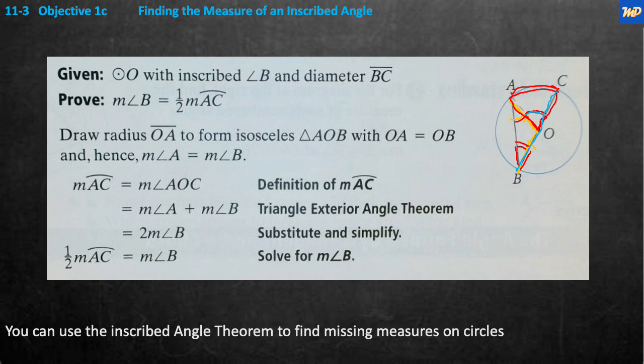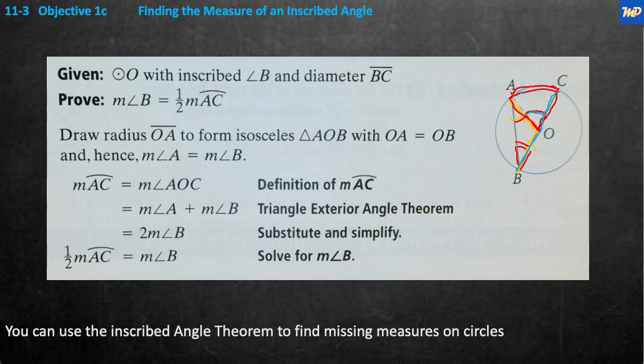So therefore, we can say that angle B is 2 times, because it says right here, angle A plus angle B is equal to AC. So 2B, by substitution, instead of saying A plus B, we're going to say 2B is equal to AC.